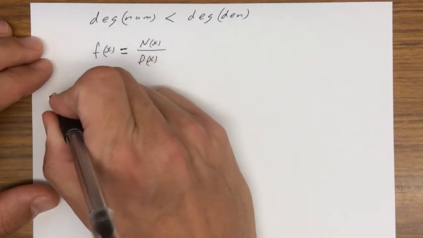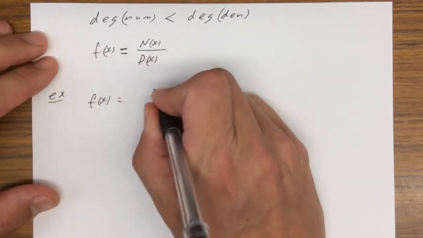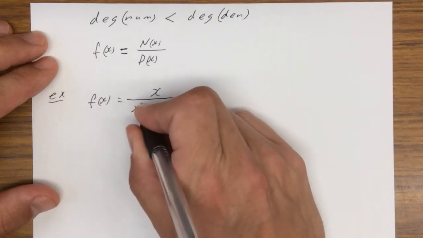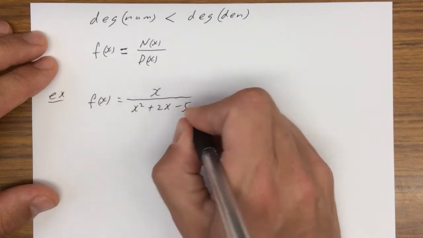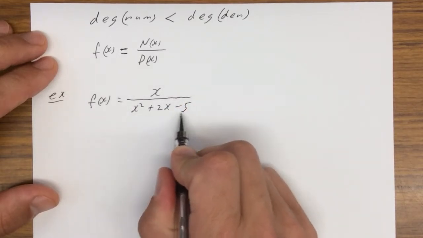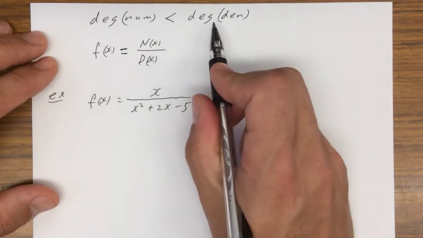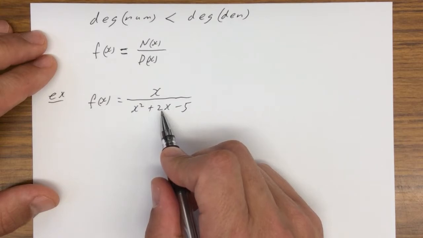For something like f of x equal to x over, let's do an unfactored one, x squared plus 2x minus 5. The degree of the denominator here is 2, and the degree of the numerator is 1. So it satisfies our condition that the denominator has the higher degree.